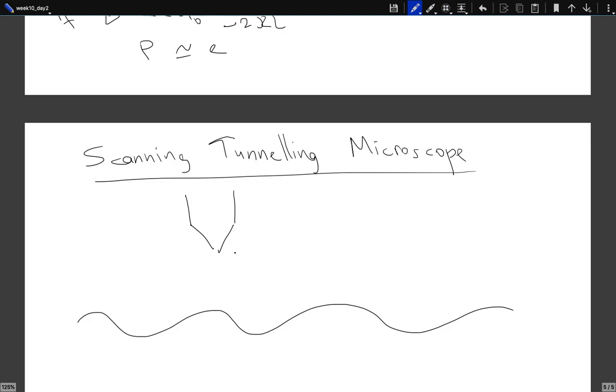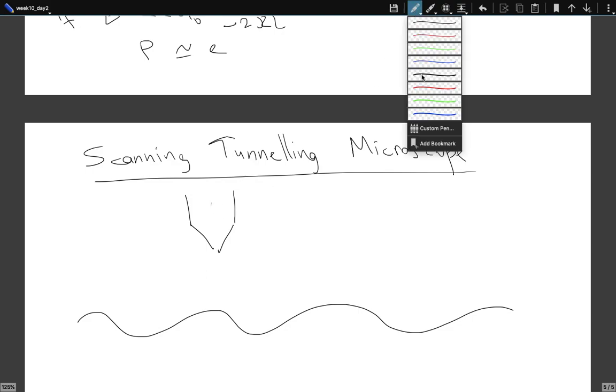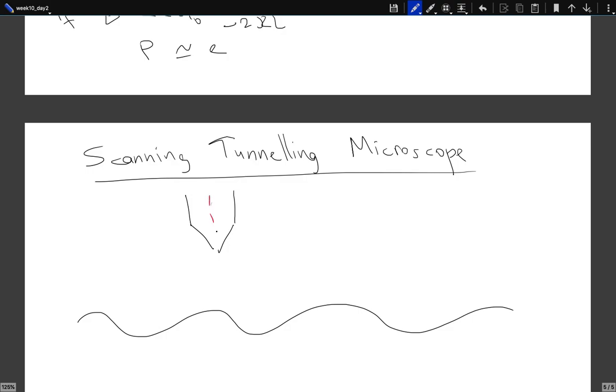So ordinarily, without the tip, if an electron is over here, it just stays there. If the electron is on the tip without this material, it stays there. This is a region of high potential energy for the electron. But now when you bring them together, let me plot the potential energy along this line. Along this line, the potential energy looks like this.